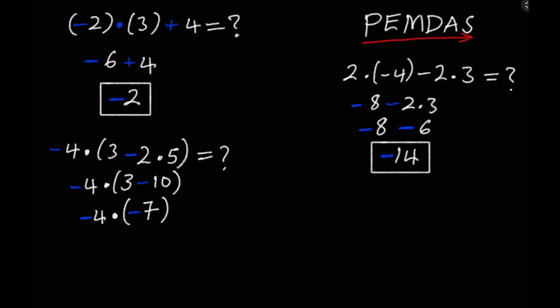So negative 4 multiplied by negative 7. Because the signs are the same, the result is going to be positive. Negative multiplied by negative is positive. And 4 multiplied by 7 is 28. And this is the final answer for this question.